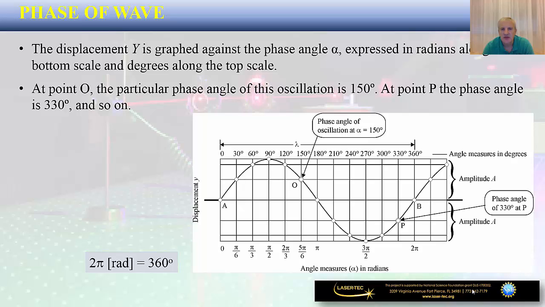Another way to represent the wave behavior is in terms of so-called phase, where on the x-axis, instead of units of length or units of time, we are putting the units of angles, and we see that the total period can be correlated to the phase of 360 degrees.